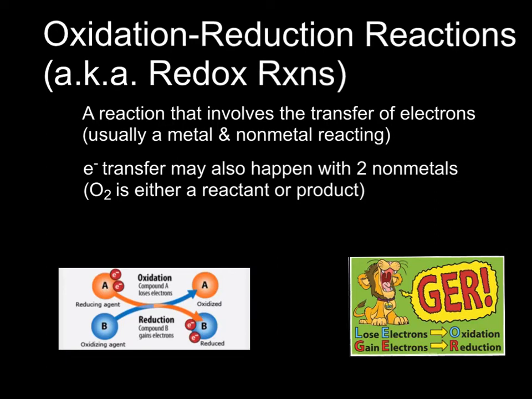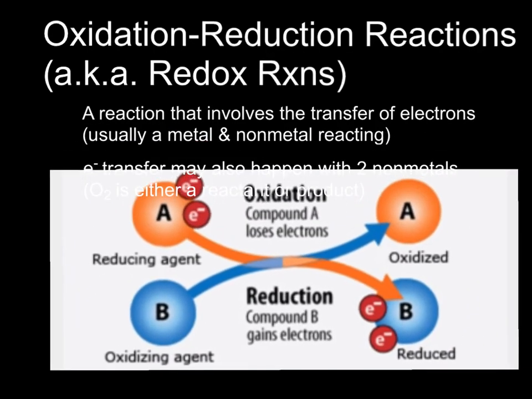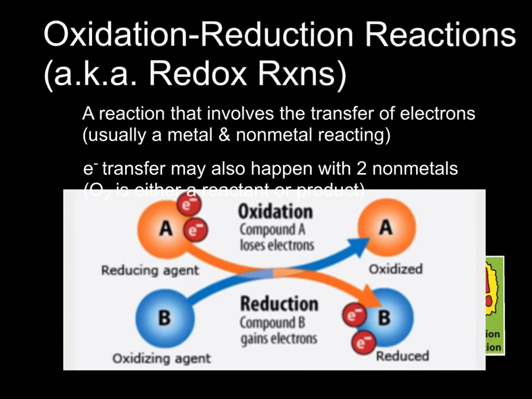These pictures I like because it kind of shows us who is who here. If we have element A reacting with element B, element A has some ions on it. It's got extra electrons. It's called the reducing agent because it loses its electrons.